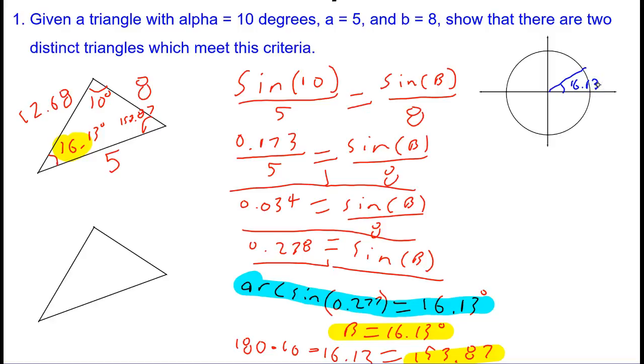The point is, because we used a sine ratio to get that, sine also equals that over on this part of the unit circle as well, because sine would be shown right here. These are both positive and they're both the same. So we need to account for both of those angles.